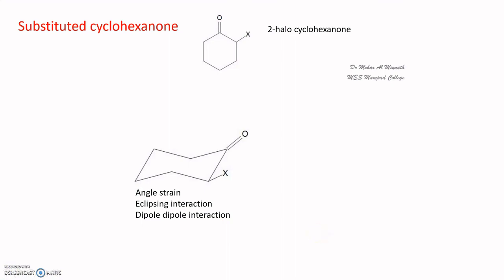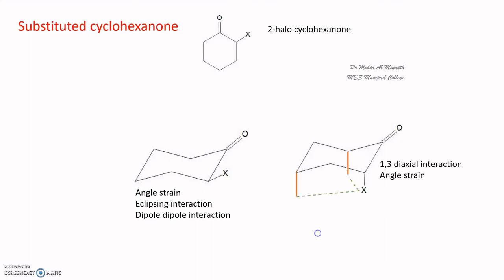And when we write the axial form, when we put the halogen in the axial orientation, there will not be any dipole-dipole interaction, there will not be any eclipsing interaction, there will be angle strain and 1,3-diaxial interaction.